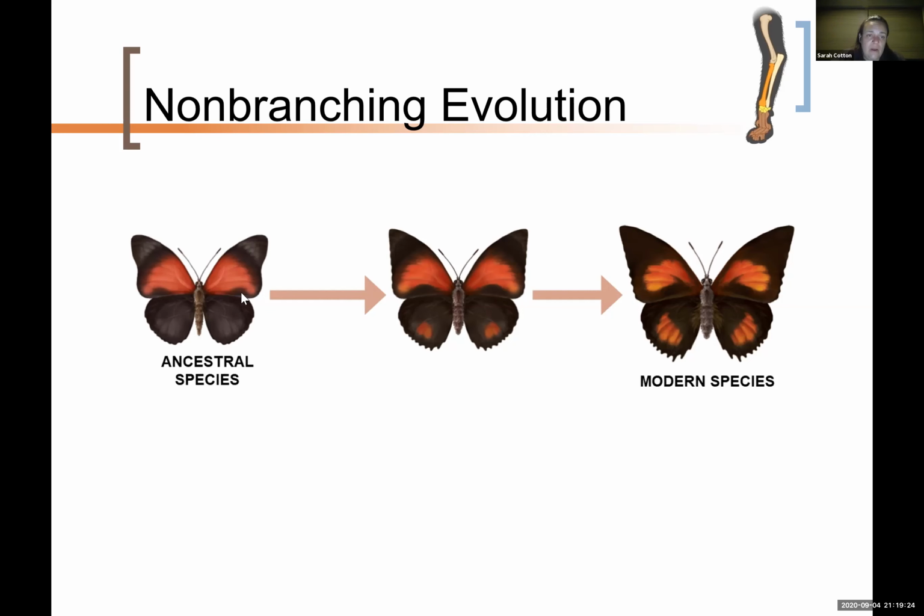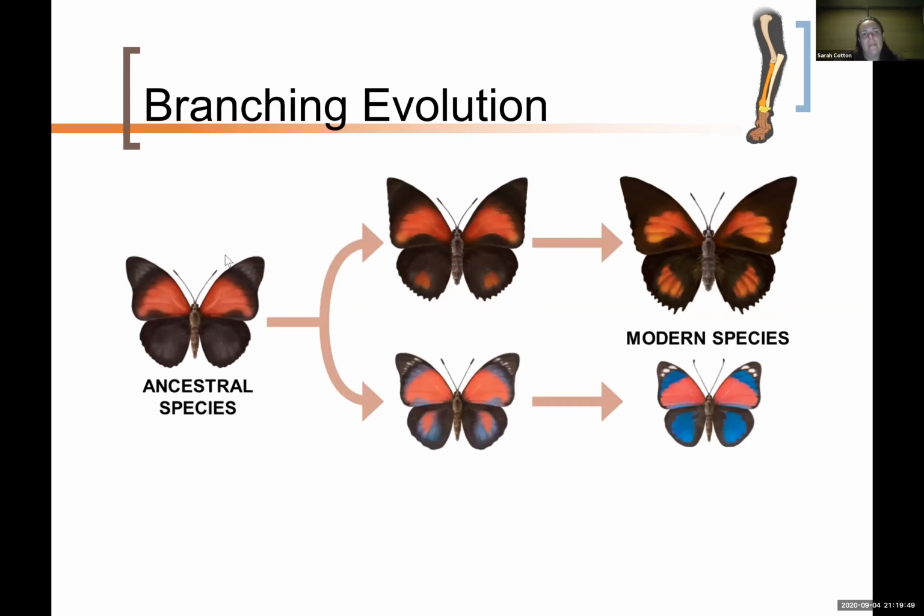In this made up example, we've got a butterfly that is ancestral, from the past, and that population accumulated changes over time, and now we have something that looks different, and we probably call it a different species. So that's non-branching evolution. This essentially came from this.